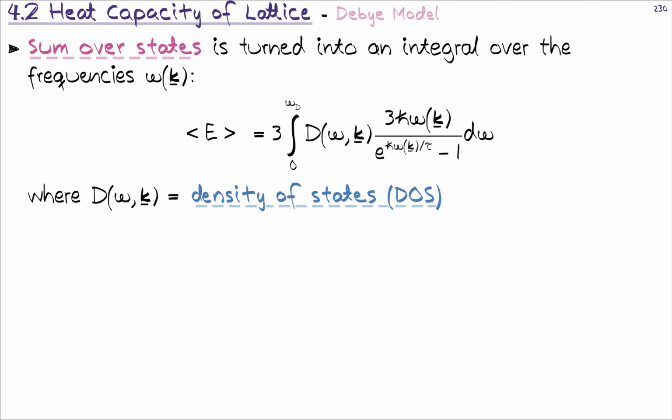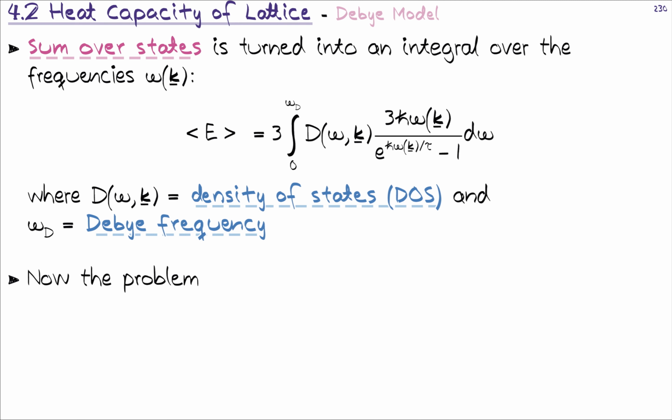So here, D is our density of states of lattice vibrations, so the density of phononic states, and omega D is the Debye frequency that we will determine later based on the kind of variables we have here. So we will normalize, scale the integration later.